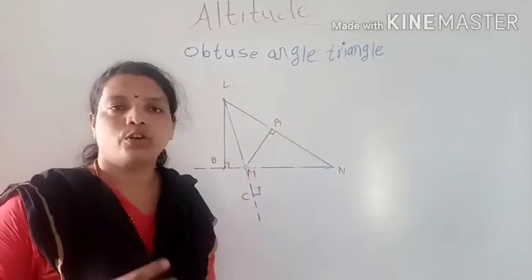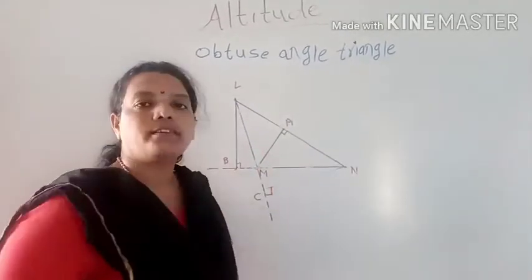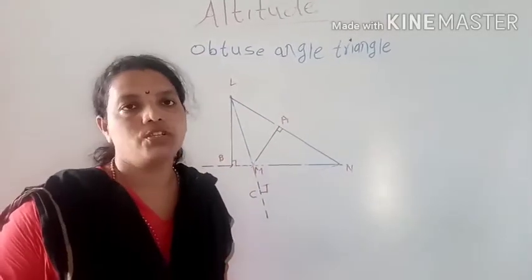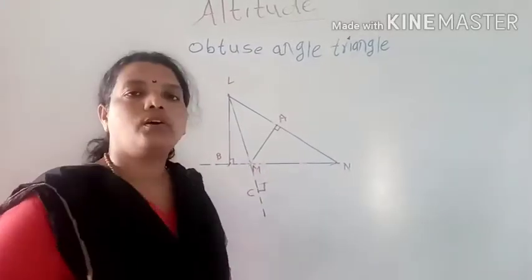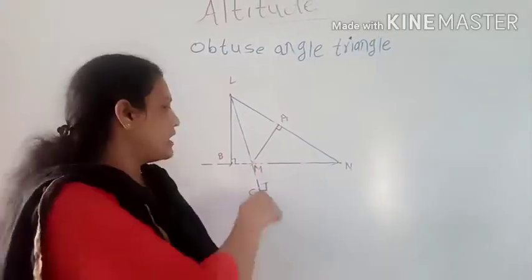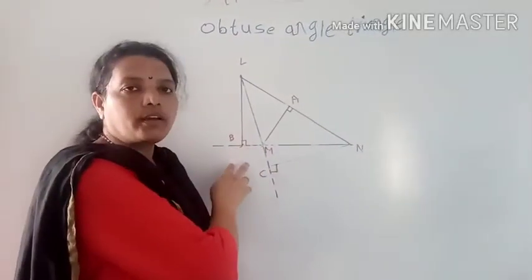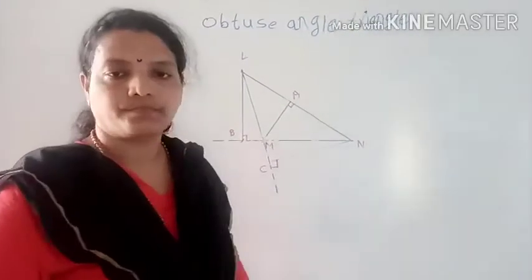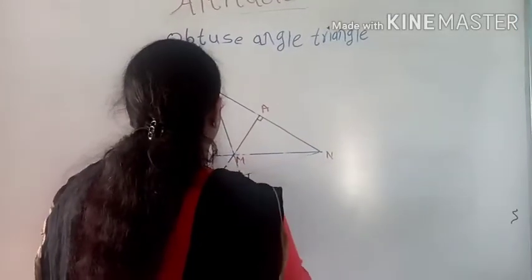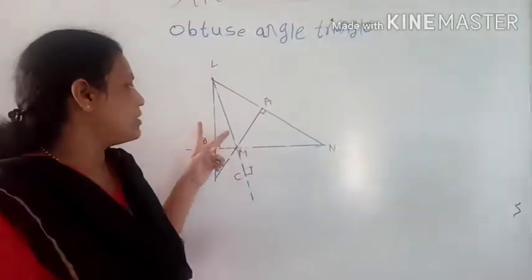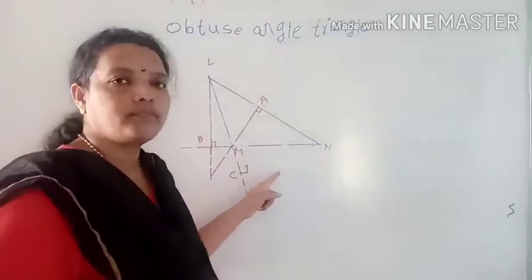Now students, if you observe, all the three altitudes are not intersecting each other, so there is no orthocenter yet. Now we have to extend all these altitudes. So we will join all these altitudes. Now these two altitudes we join. Now we will join the third altitude.